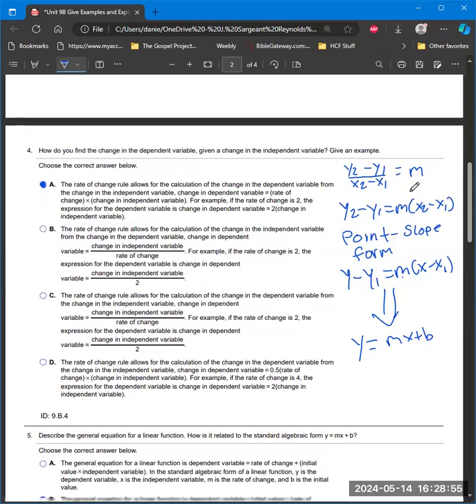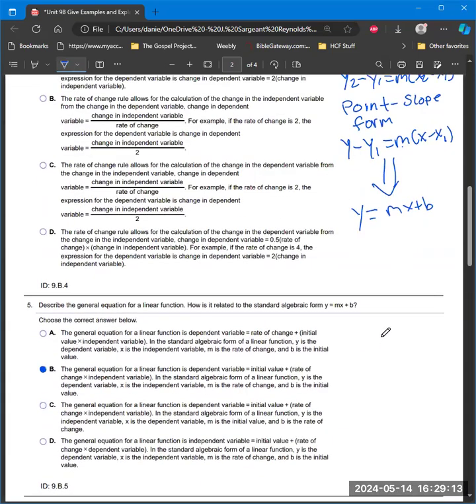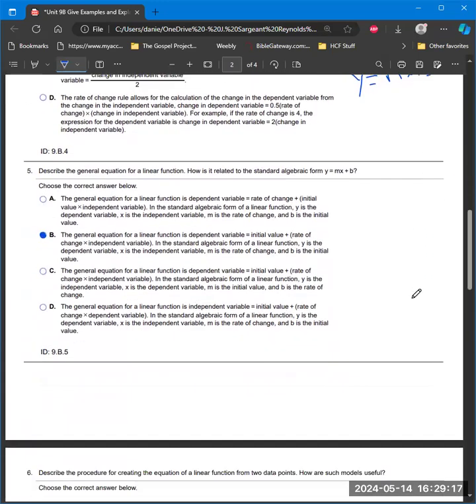That's what I wrote up here. Find the slope first, then use either of the points, and substitute the slope and the numerical values of x and y from either point into the equation y equals mx plus b, or you can use this other form that I gave you, but this works as well.